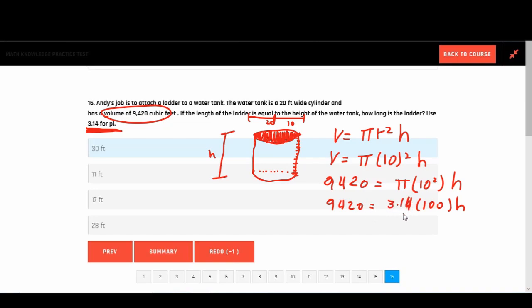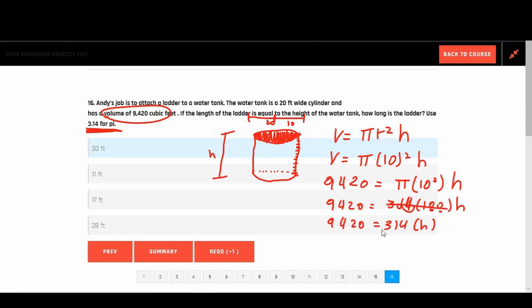Before I go any further, I'm going to use that little trick I showed you in a couple problems. Again, any decimal multiplied by 10, 100, or 1,000, just shift the decimal to the right according to how many zeros there are. There's 2 zeros in 100, so 3.14 times 100 is 314 times height, so we got rid of that.